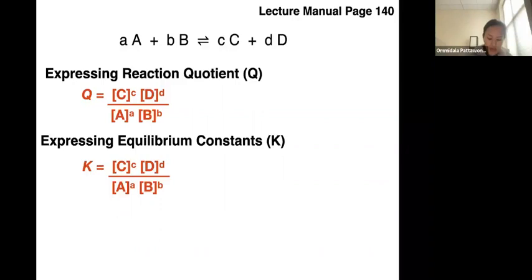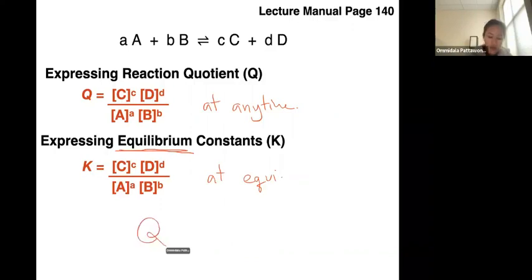Note that Q can be calculated at any time during the reaction. But K, remember the name is equilibrium constant, so it has to be at equilibrium. It's only at equilibrium.